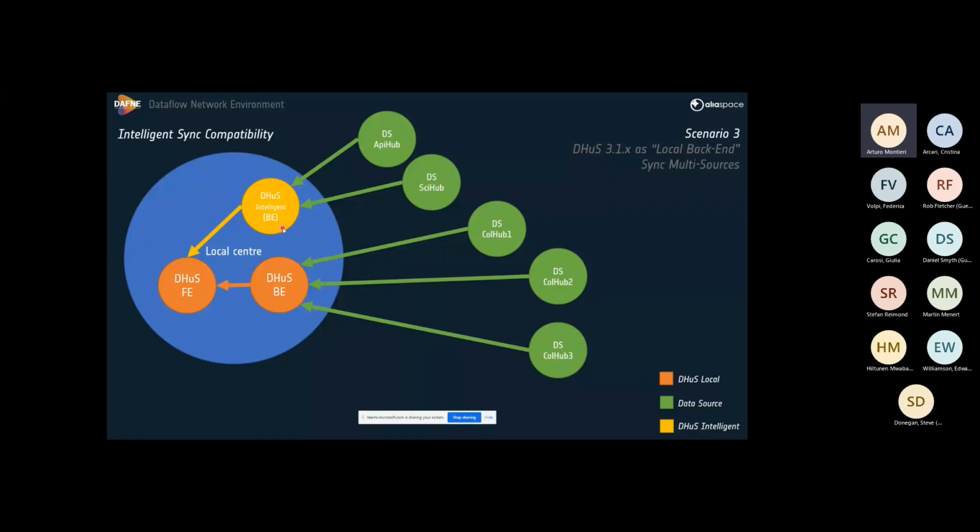This instance will be configured with an intelligent synchronizer multi-sources. In this case, this intelligent synchronizer is configured with two different centers, API Hub and Sci-Hub. And what we expect to see in the map is to have 5 different arches connecting remote data sources with our backends in this case.